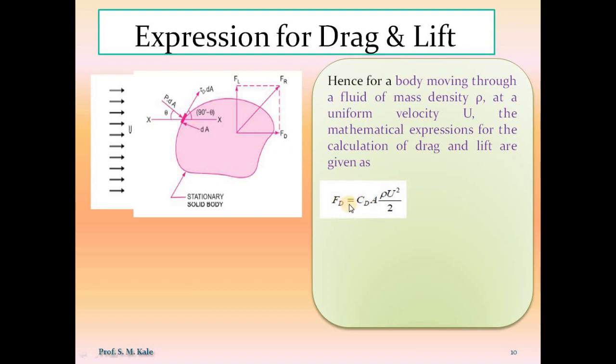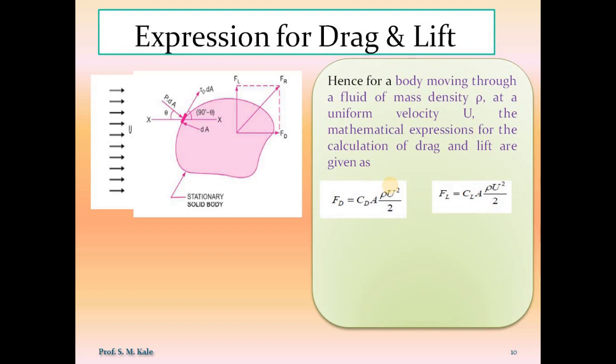So drag force will be equal to CD A rho u square upon 2, where CD is called the coefficient of drag, A is called the projected area, rho is called the density, and u is called the uniform velocity.